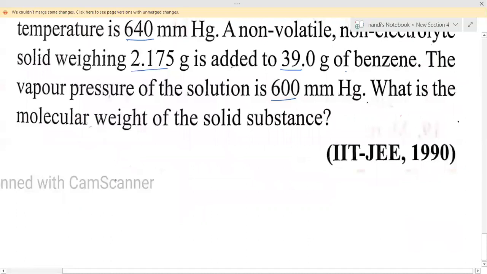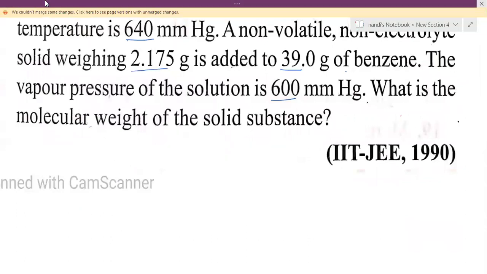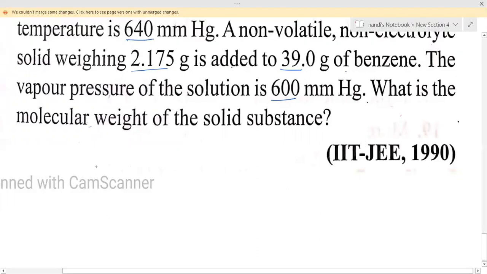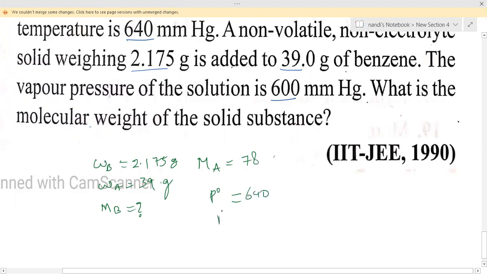So every term I am going to write, please check it. WB equals 2.175 grams. WA equals 39 grams. MB we don't know, that we need to calculate. MA is benzene, whose weight is 78. Then P naught equals 640, PS equals 600.